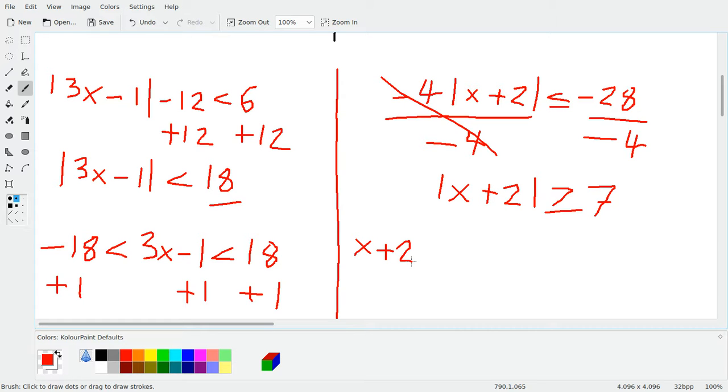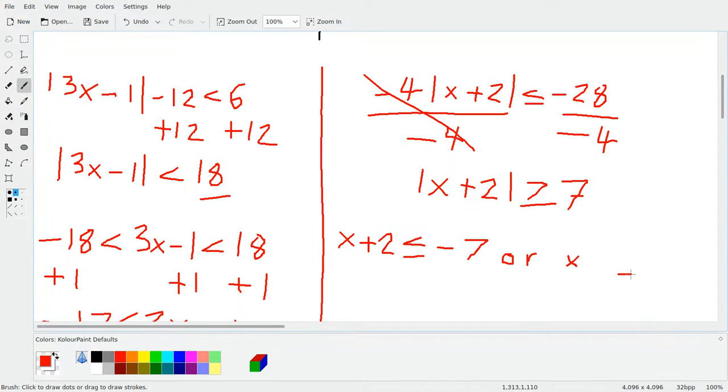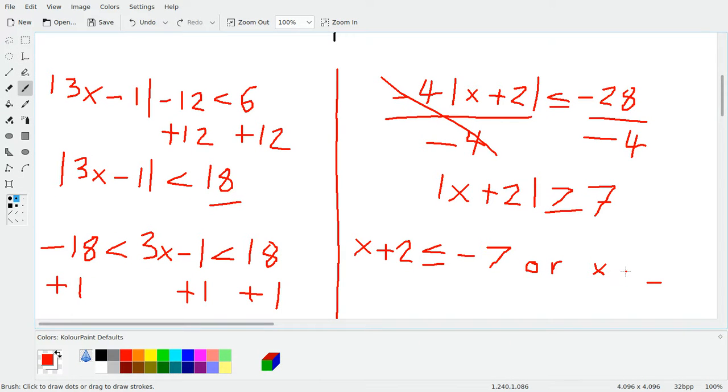swap the order of the signs. The sign is going to become a less than or equal to, and change the sign. So we have x plus 2 is less than or equal to negative 7. Write the word "or". And for your other part of the compound inequality, it will just be x plus 2 is greater than or equal to positive 7.